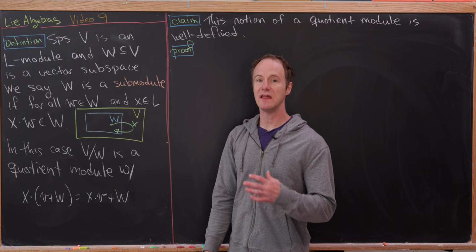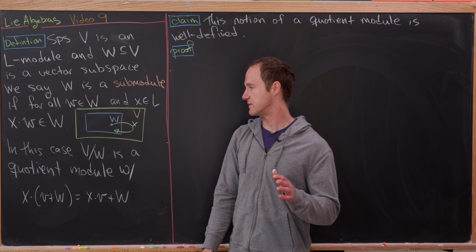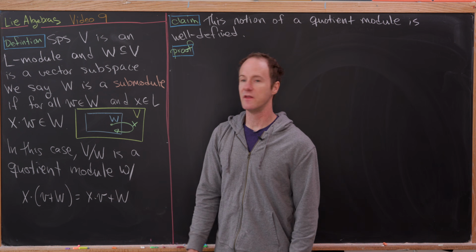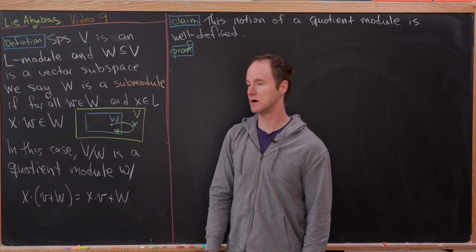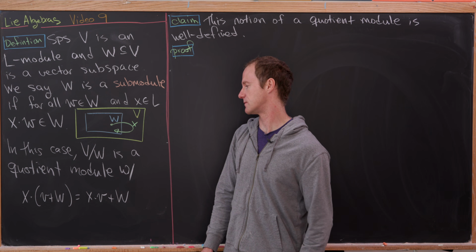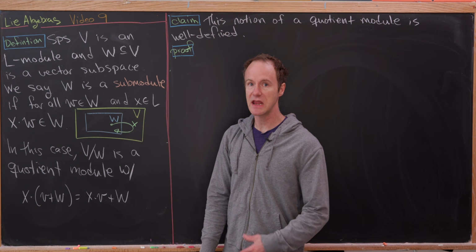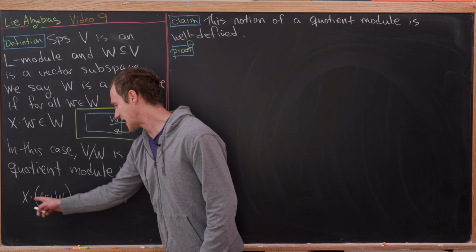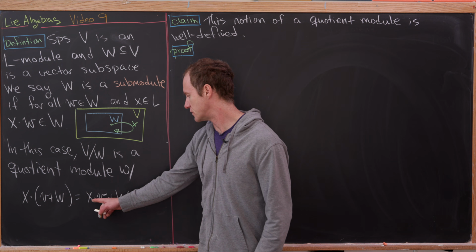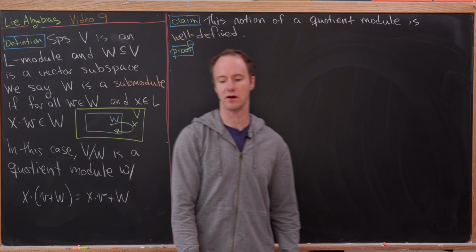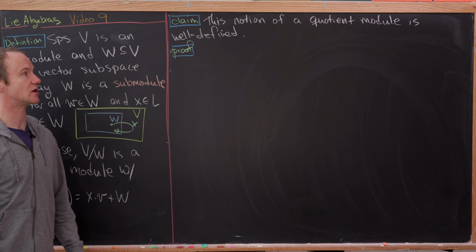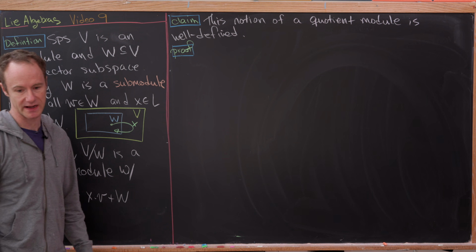Now in this case, and by this case I mean when you have a submodule, then the quotient V mod W, as a quotient vector space, is a quotient module. And here the action is X acting on the coset v plus W is equal to X acting on v, plus W. And now let's check that this notion of a quotient module is well defined.